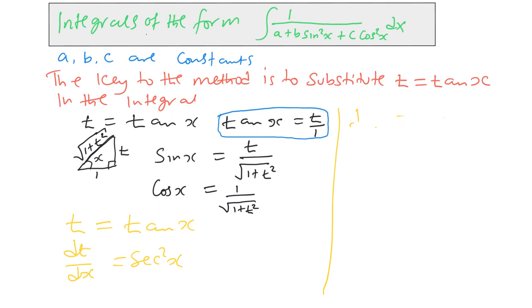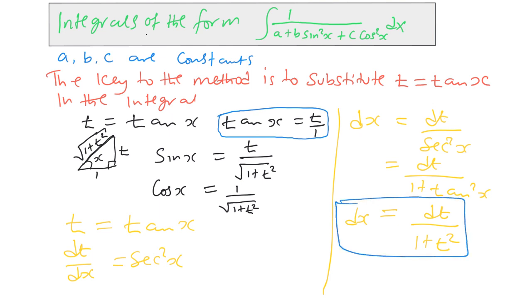So I have dx as dt over sec squared x. But what is sec in terms of tan? This is dt over 1 plus tan squared x, and we know that t is equal to tan x, so it's dt over 1 plus t squared. So we have dx changed in terms of t, and we have everything, so we can go ahead and perform the integral.